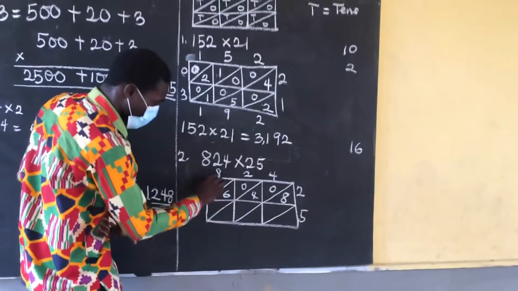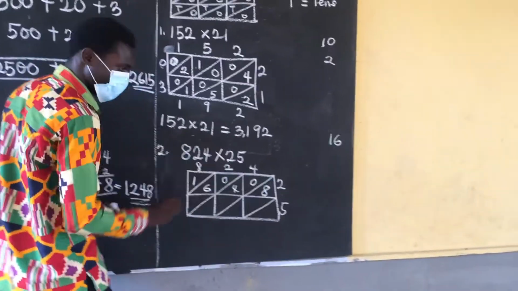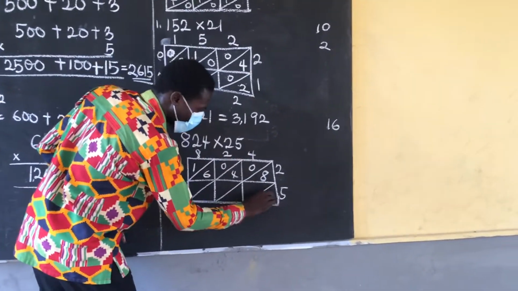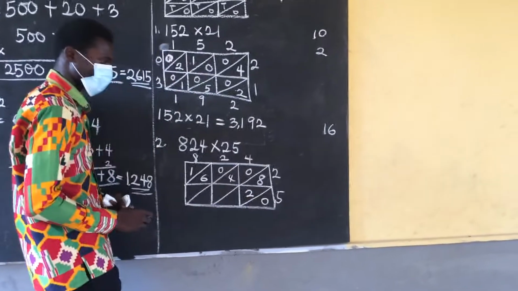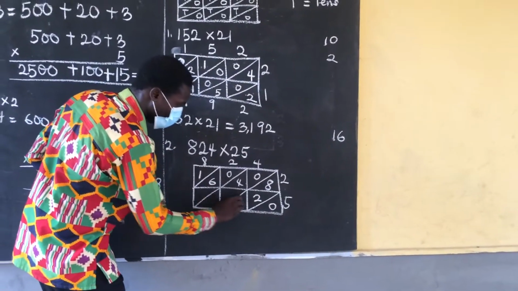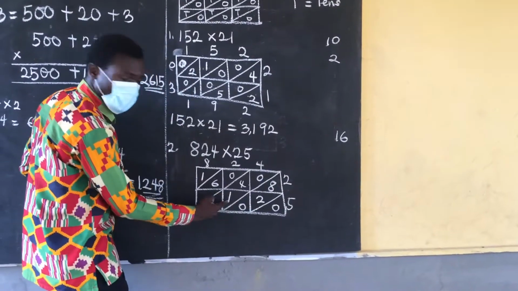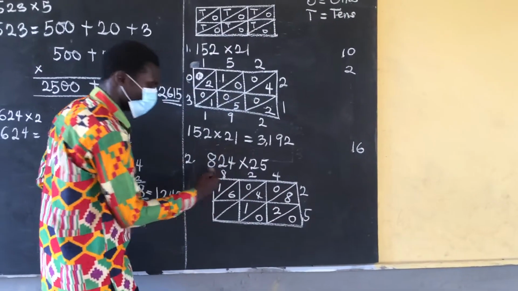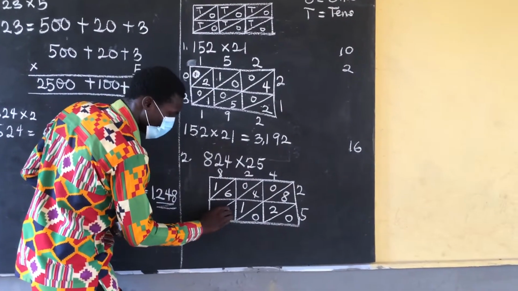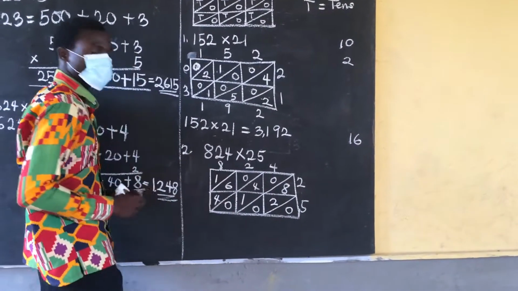So ones, tens, giving me 16. 5 times 4 is 20. So ones, tens. 5 times 2 is 10. So 0, 1. That is ones and tens. 5 times 8 is 40. So 0 and my 4.